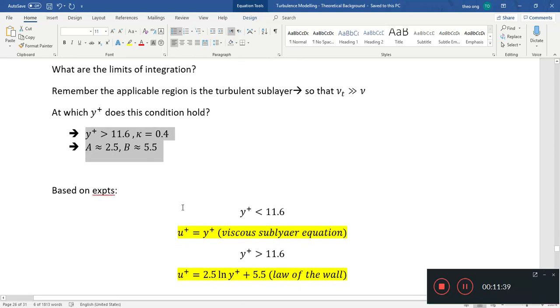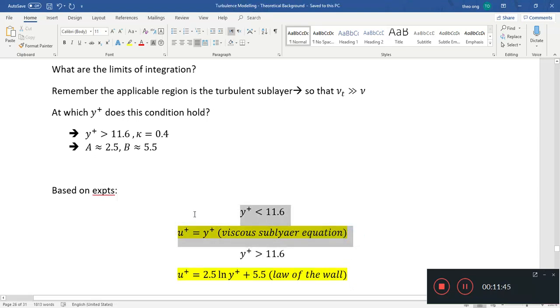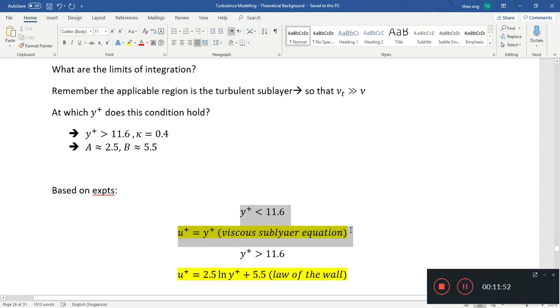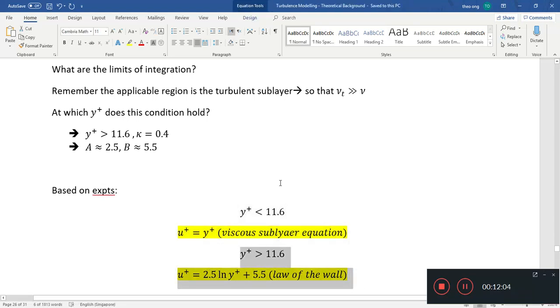Okay, so the long story short is that we have in the boundary layer two regimes. One is the viscous sublayer and one is the turbulent sublayer. So in the viscous sublayer, we have a y plus of less than 11.6, and we will have this regime u plus equals y plus. This is the viscous sublayer equation. Any more than that, then we will have a logarithmic regime here.